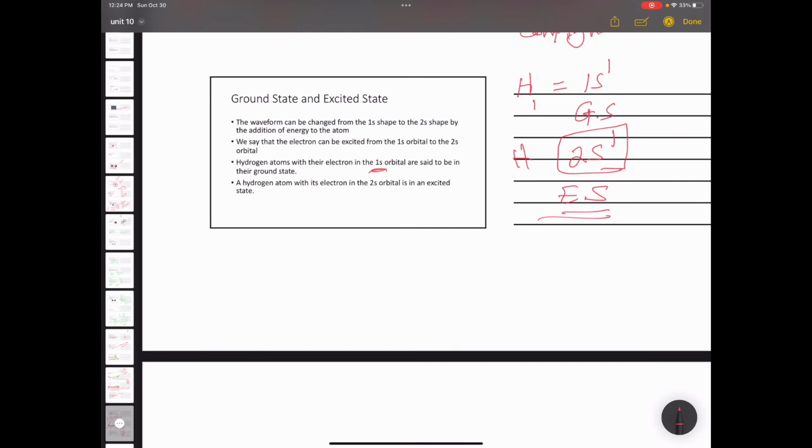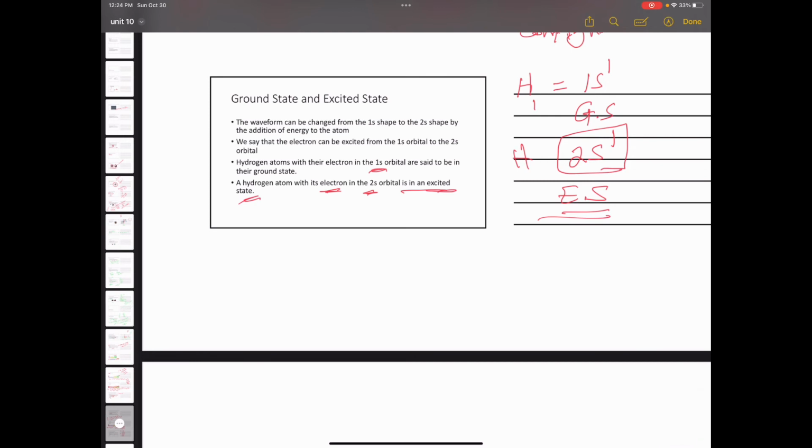And it is considered an abnormal state for the electron configuration of hydrogen. The electron will eventually lose that energy, emit that energy, generally through light, and return back to the ground state, where it naturally is supposed to go. So a hydrogen atom with its electron in the 2s orbital is in an excited state.